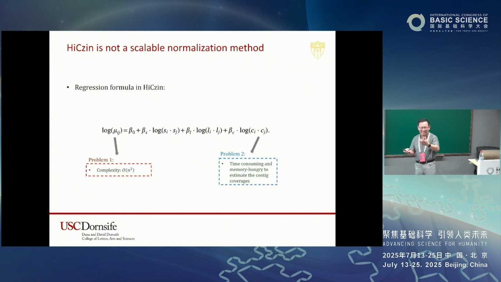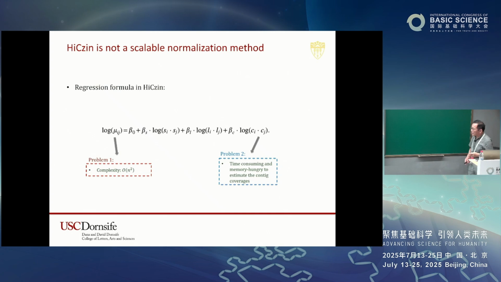You already heard a lot about computational complexity, and once you get to n squared, when you get to a large data set, it will not work. So how do we analyze such data without the square? Can we get a method using linear computational time? So that's problem one.